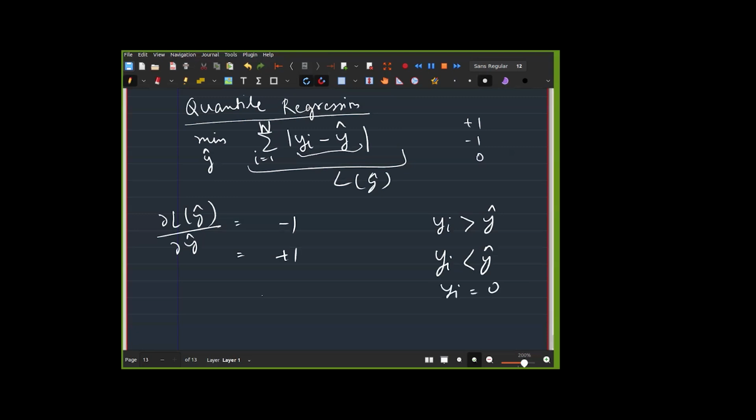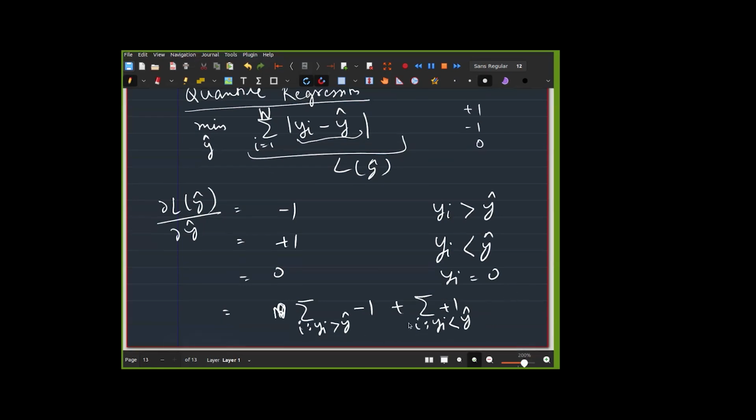And if it's equal, then I get a 0. But I have to sum all this stuff, right? So what it really means, if I wanted to equivalently write it, will be the number of times this condition is satisfied. So basically it's the summation over all i where yi is greater than y hat of -1s, plus the summation over all i where yi is less than y hat of +1s, right? So that's my gradient.